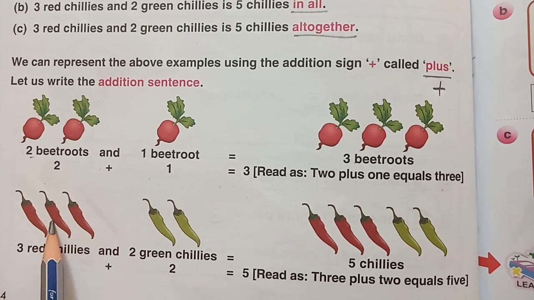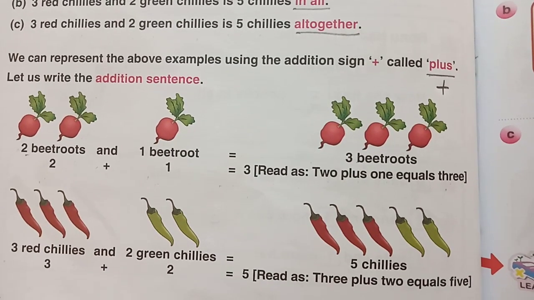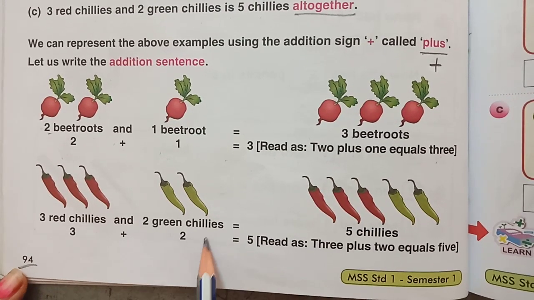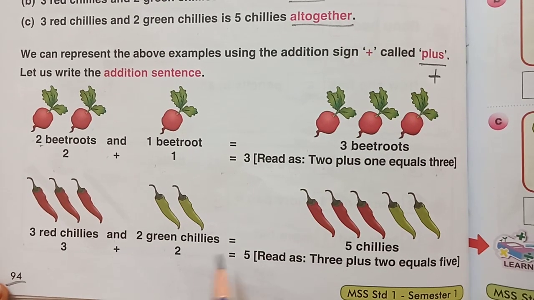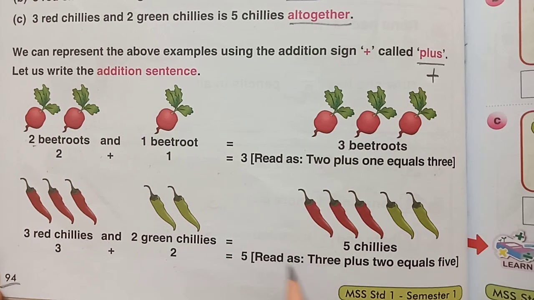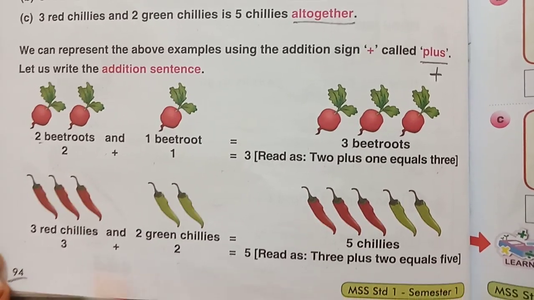Next, this is example number 2 about chilies. At first, how many chilies do we have? 3 red chilies and 2 green chilies, which is equal to 5 chilies. Read as 3 plus 2 equals 5.